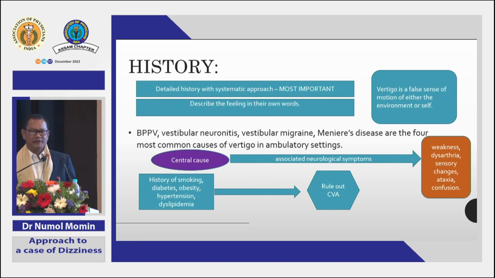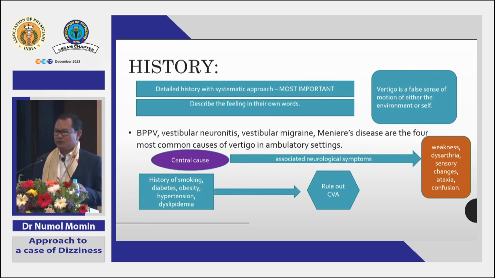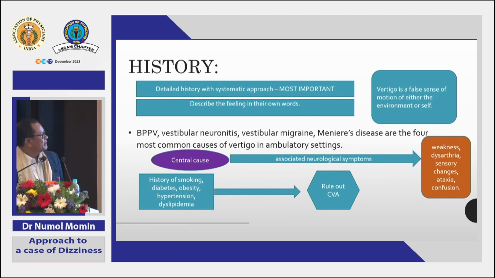A patient who comes to your clinic, you have to take a very meticulous history. History is very important. Sometimes a patient with vertigo has a history of travel by flight, or sea diving, though in Assam we don't get sea divers. That also causes vertigo sometimes. Detailed history is important.